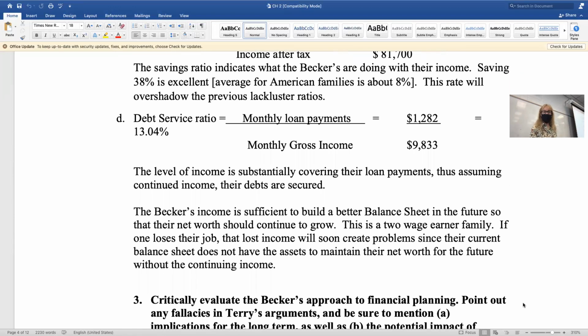Okay, the way they got these monthly loan payments is they used the mortgage payment plus the auto loan plus the credit card loan payments.